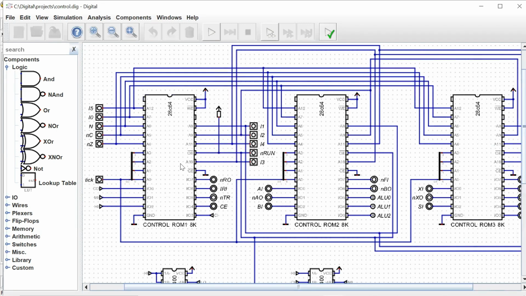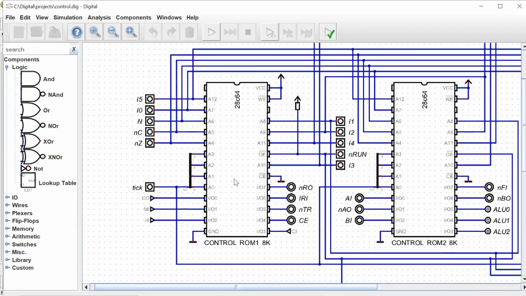Okay, since the address is so important here, I'm going to zoom in and look at how we construct that address. We have address lines A0 all the way through A12. The lowest 4 bits of the address come from the tick counter. The next higher 3 bits come from our flags: the zero, the carry, and the negative flag.